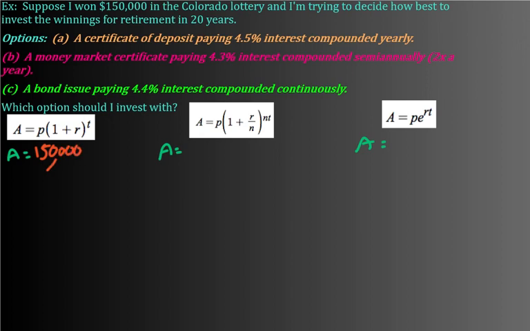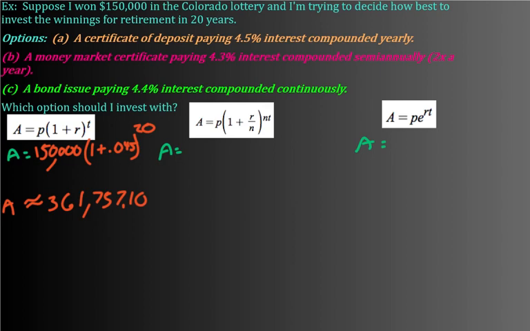I have 150,000, 1 plus 0.045, and then I have 20 years, right? If you solve all that out, A is about 361,757.10. So 361,000 and some other change.